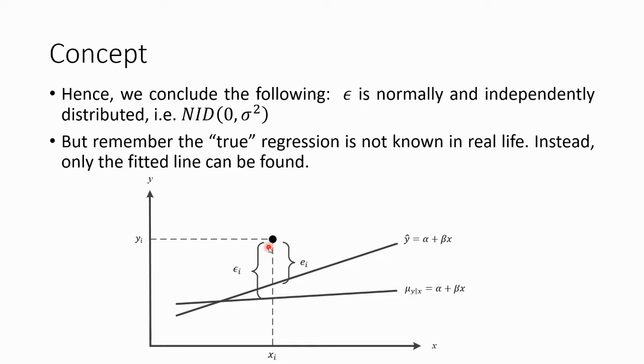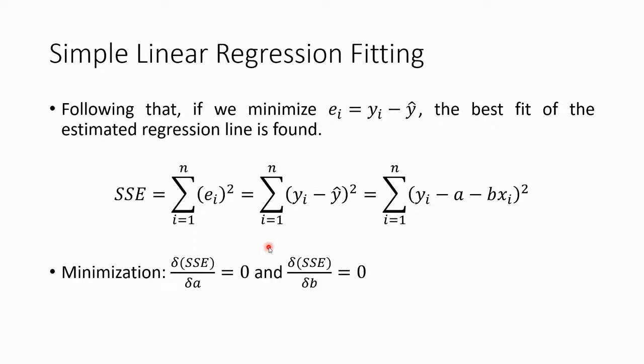So when we try to find the best regression line, our objective is to minimize the error as much as possible, isn't it? Therefore, the entire objective of deriving the regression line is to minimize the error E as much as possible.